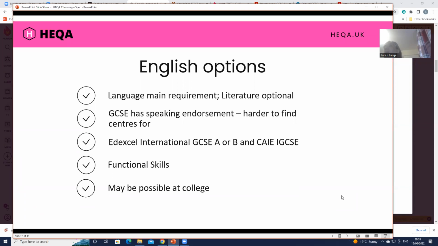Regional exams: IGCSEs are offered internationally, so they have different papers because of different time zones. Depending where in the world you are, you will either sit a standard paper or a paper R for Edexcel. They are the same specification.